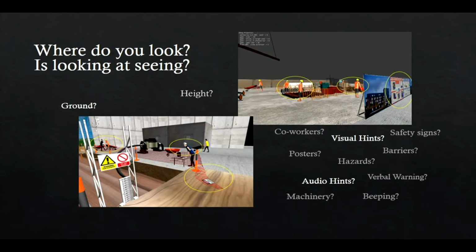So this idea actually comes from my master's project. In my master's, what I did was to test the effect of salient sound and some visual hints, such as co-workers, on people's safety decisions.